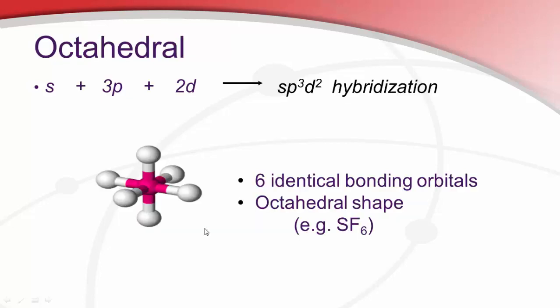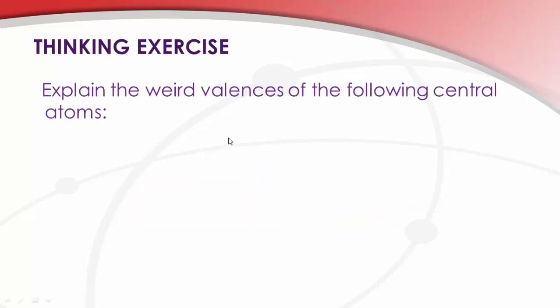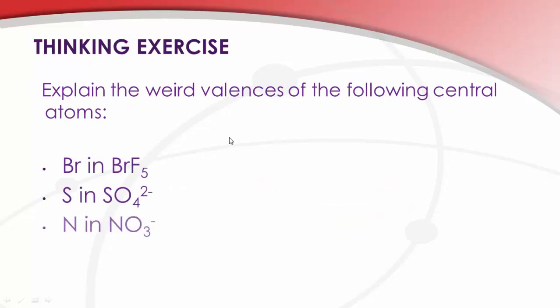Now, one thing that we're not going to get into in too much detail right now, but you do need to keep in mind, is that there are times when unpaired electrons will occupy one of these locations, but we'll cover this at a later point. Okay, so what I'd invite you to do now is pause the movie and have a look at the outer shell electrons associated with these elements and try to explain the weird valences that you see when you work with these.